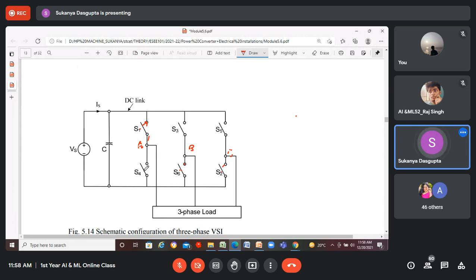Make sure S4 is totally turned off, and S3 and S5 should be turned off also, because they are the top switches connected with the positive phase B and positive phase C respectively. Okay.